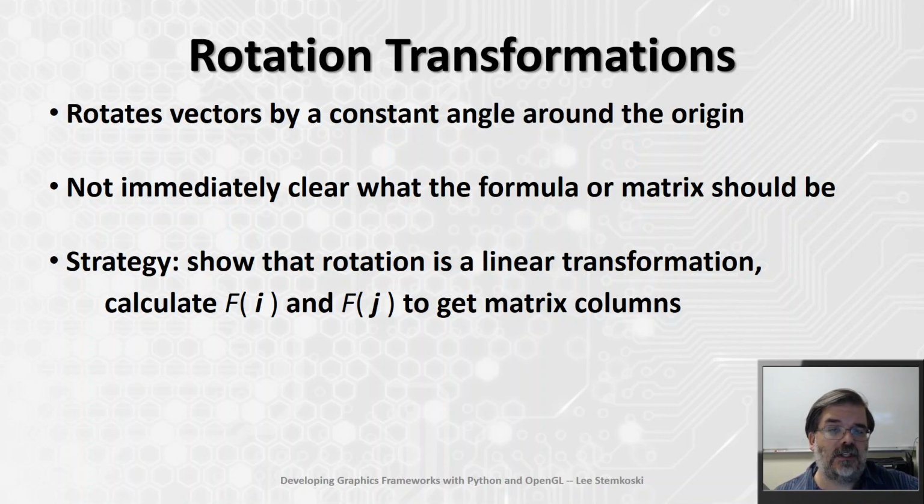So our strategy for calculating a formula for rotation transformations is going to be first to present an argument that rotation is a linear transformation, and then we're going to try to calculate the rotation function at the basis vectors. And as we've seen before, those values will give us the columns of the associated matrix. We'll do that for 2 dimensions first, and then once we learn how that works out, we'll then move on to 3 dimensions.